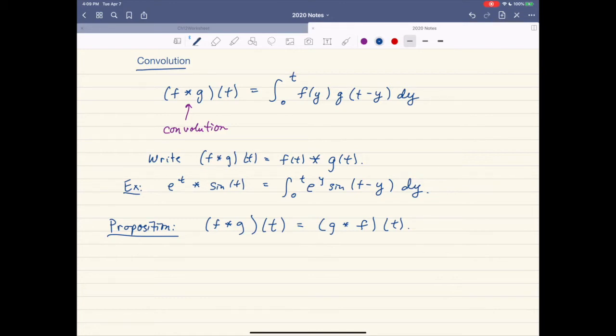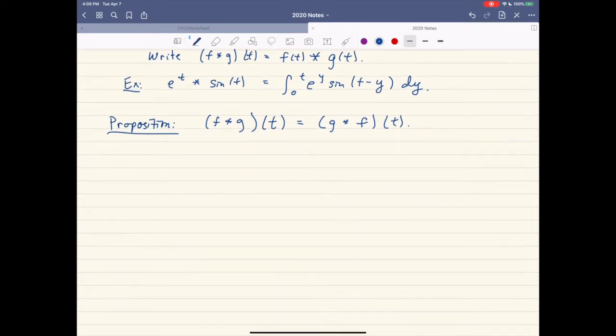So I want to prove that the convolution is commutative, and we're going to start by just writing out f convolved with g of t, and that's again the integral from 0 to t of f of y times g of t minus y dy. And what we're going to do is just a straightforward substitution.